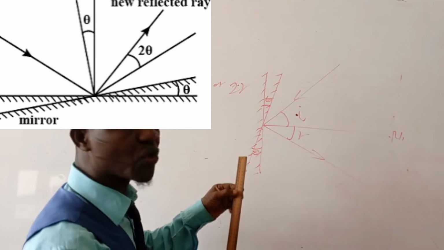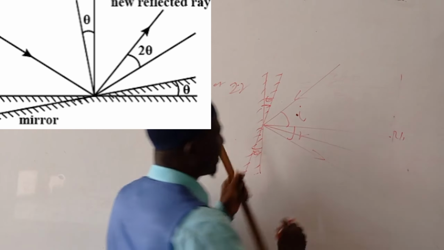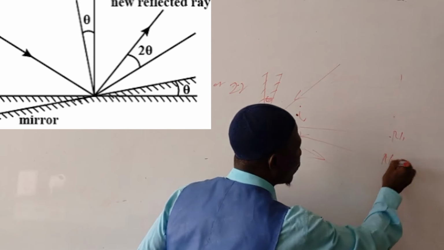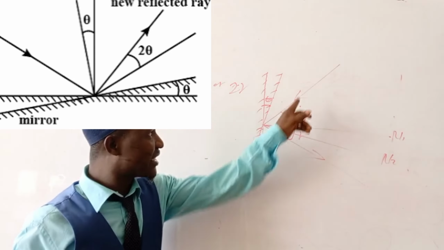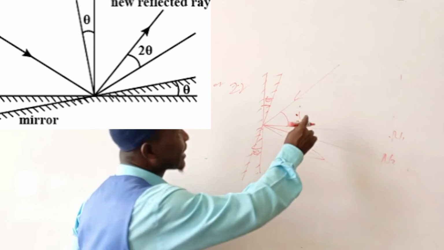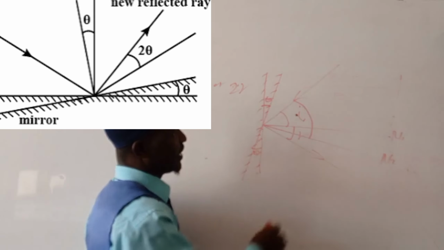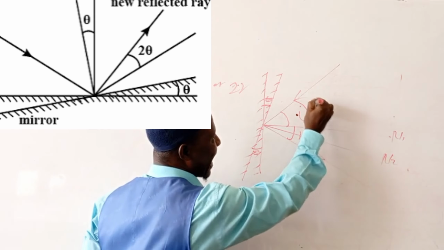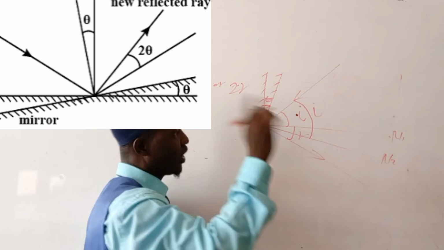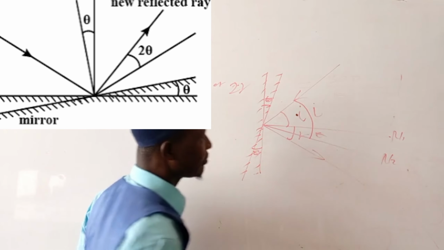So we now have another normal, the new normal, N2. And don't forget, the incident ray still remains at the same point. Therefore the angle of incidence is still I as it was before, plus the angle of rotation theta.